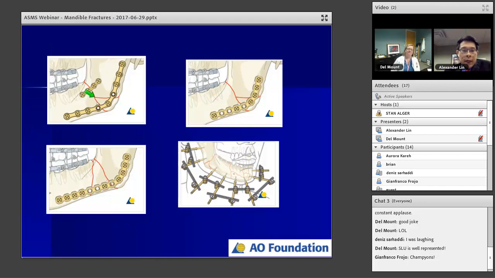Theoretically, if you had a recon plate, you wouldn't need a Champy plate, and I think that's reasonable as well, because that recon plate will hold it in place, but you have a lot more hardware to deal with. And here they always throw in the external fixator example.